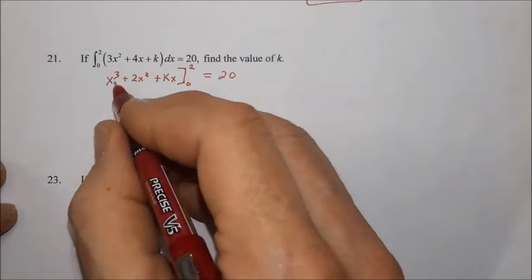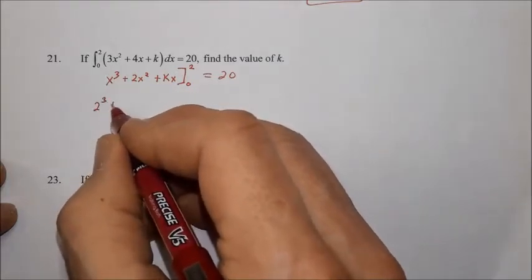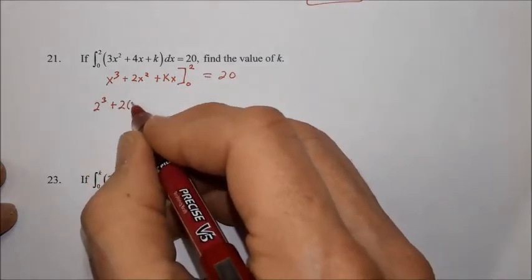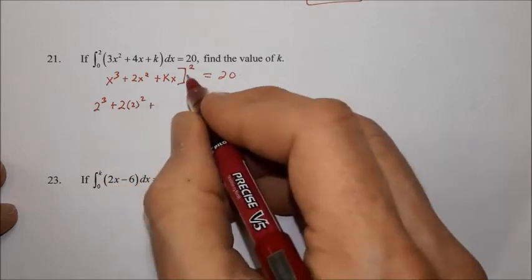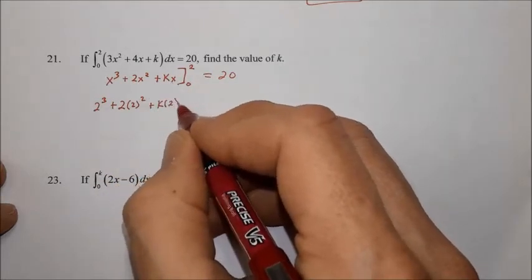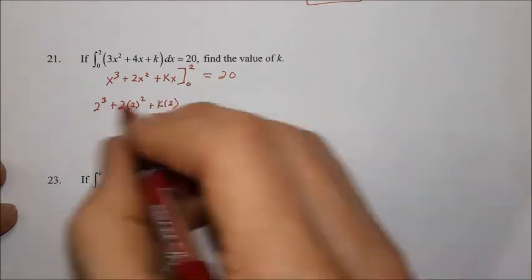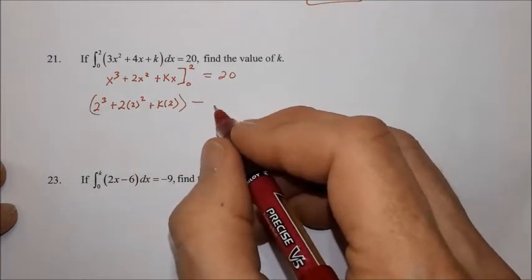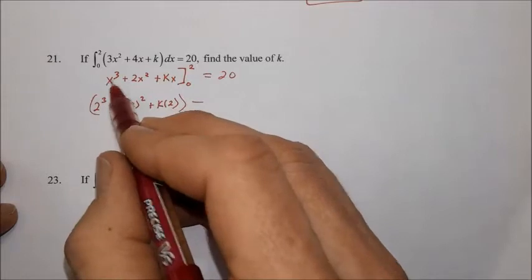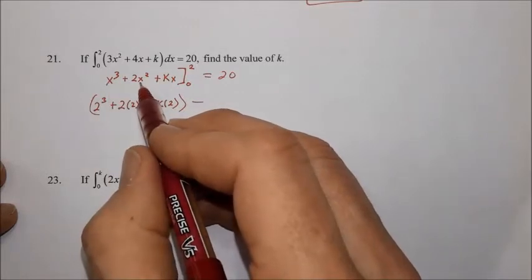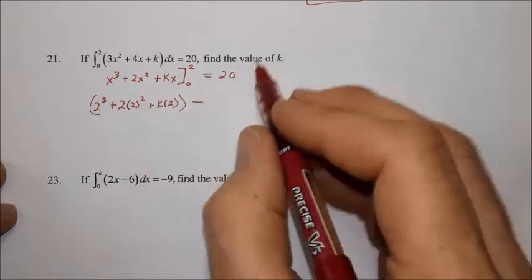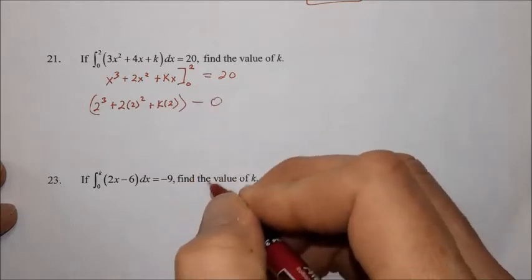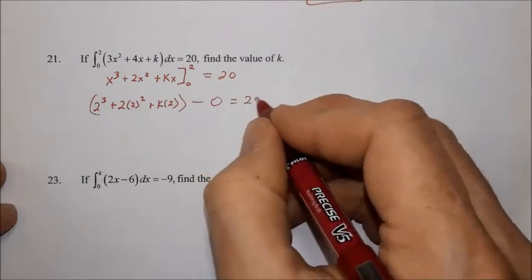So we have 2 cubed plus 2 times 2 squared plus k times 2. And now that's grouped together, and we're going to subtract what happens when we plug in 0. 0 cubed plus twice 0 squared plus some number times 0. That's all going to 0. And we know this is equal to 20.